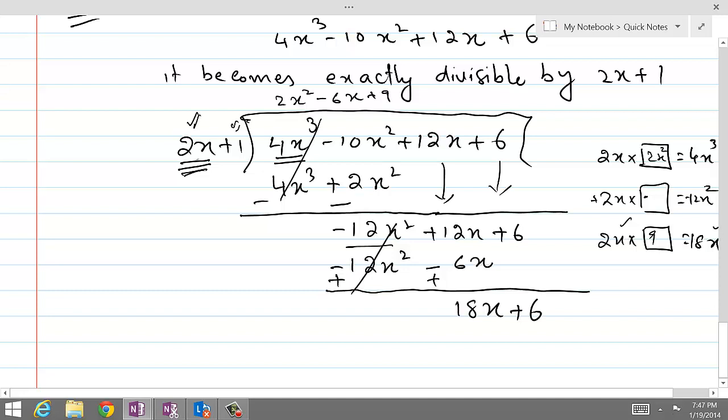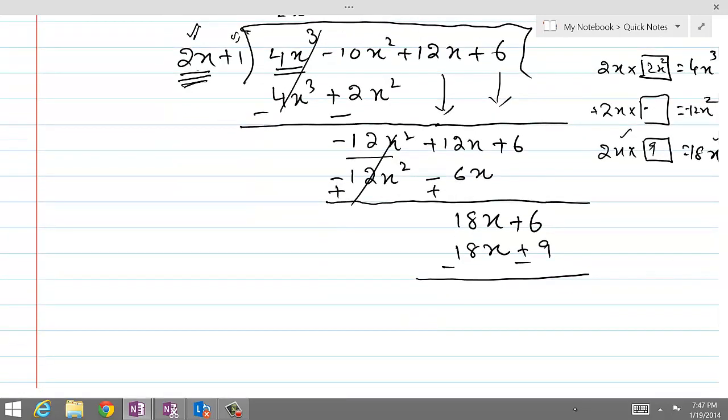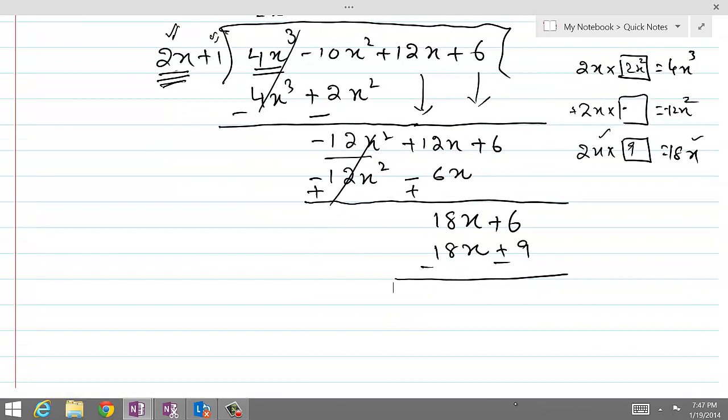2x times 9 will give us 18x, and plus 1 times 9 would give us plus 9, and when we subtract, what we get in the answer is minus 3 here.